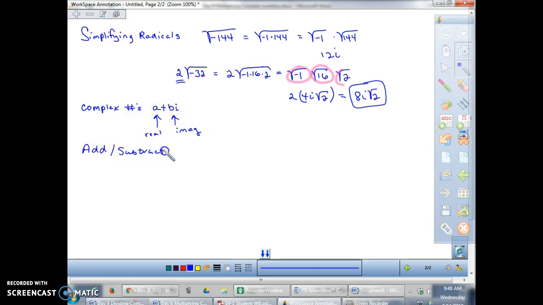So go back to Tuesday's notes and homework and make sure to look over those types of problems. But basically with adding and subtracting, you match the real with real numbers, and then you match the imaginary part with the other imaginary part. So go back and look at Tuesday for that.